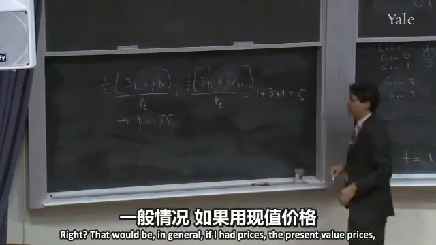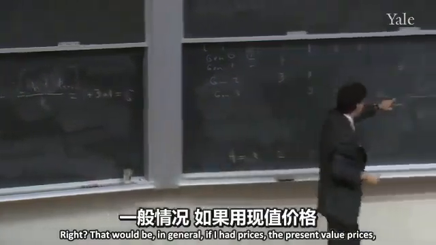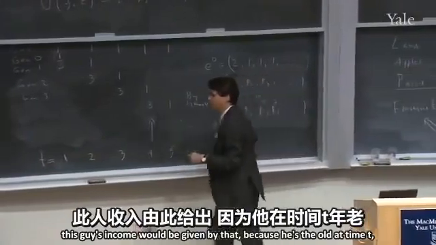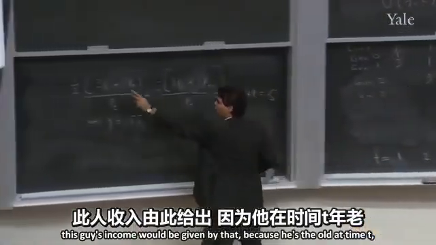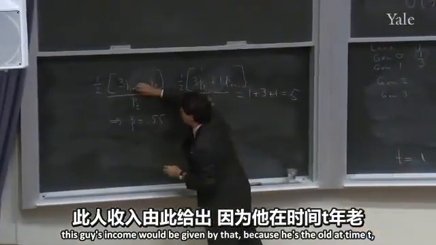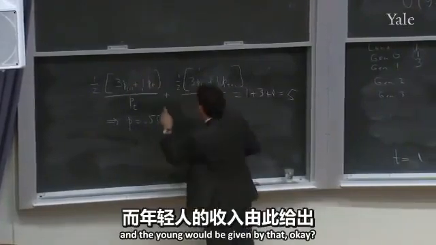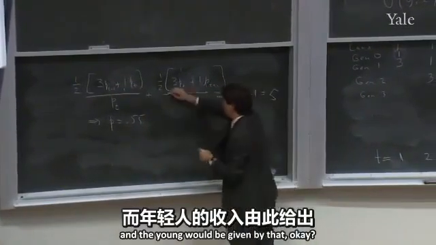That would be, in general, if I had the present value prices, this guy's income, because he's the old at time t, and the young would be given by that.